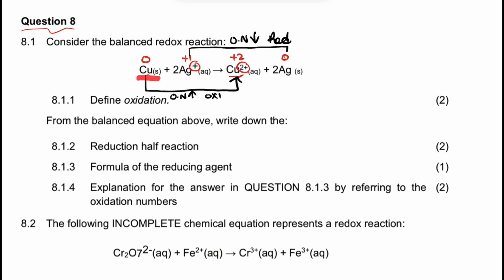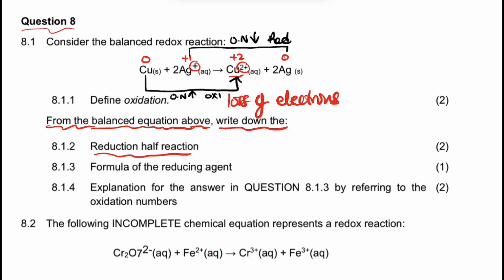The one that oxidizes, that's copper. And the one that receives electrons is the silver ion to a silver. Now define the oxidation. Oxidation, guys, is loss of electrons. That's what you're going to write. It's loss of electrons.